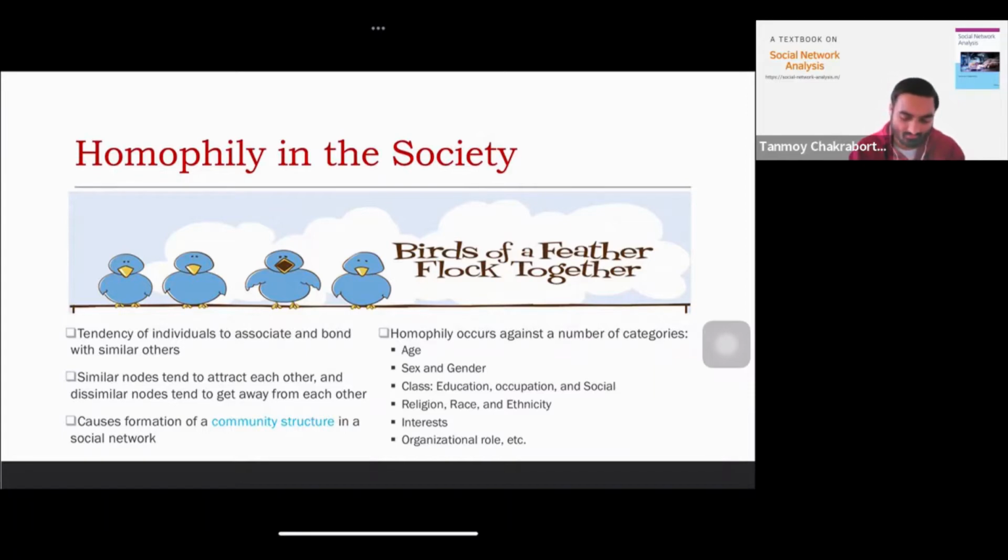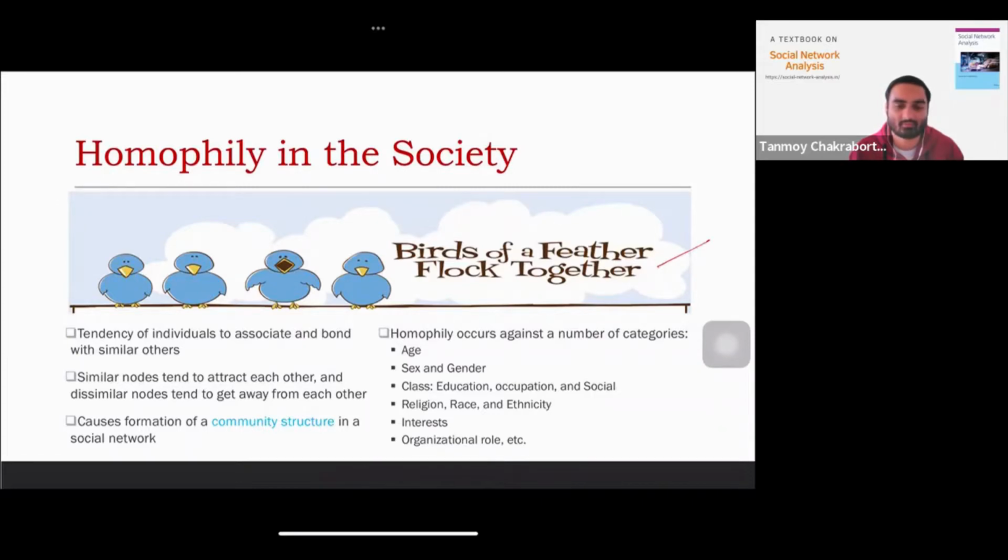It basically emphasizes the famous line that birds of a feather flock together. Let's assume that in a social network like Facebook, you join the network today, and you look at the other individuals you want to make friendship with.